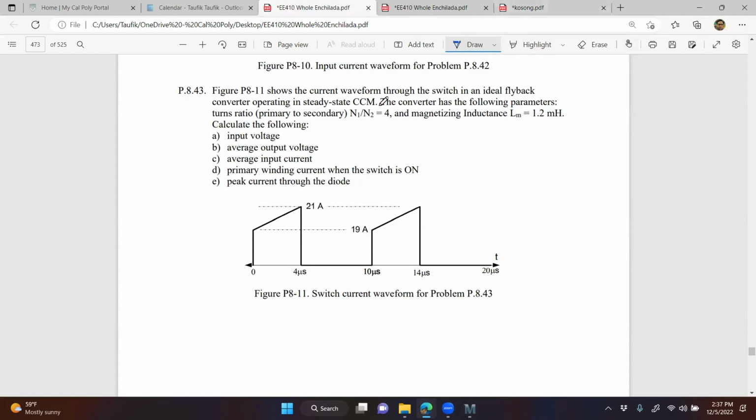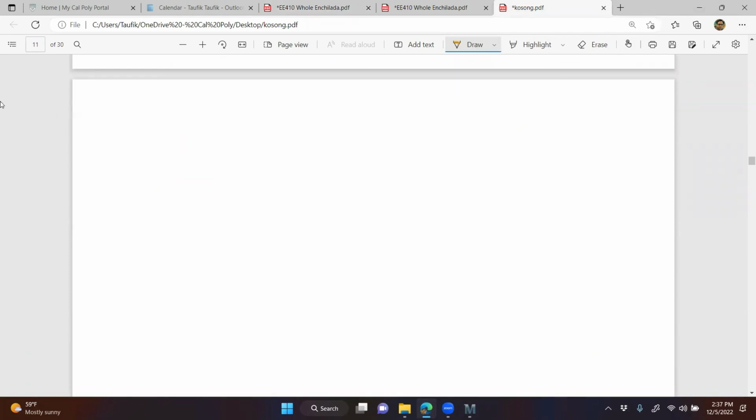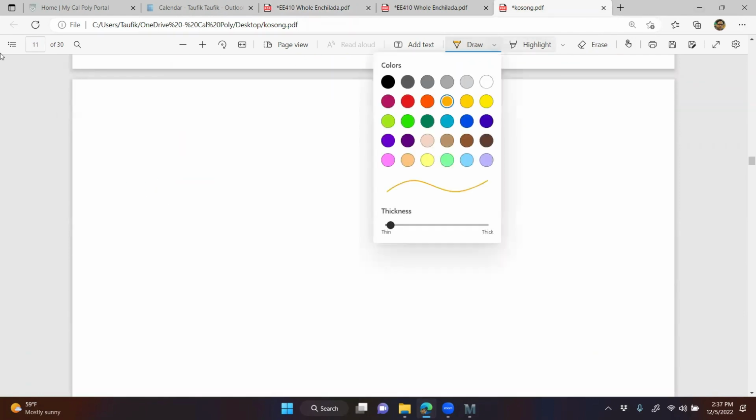8.43. It's a flyback, CCM. The converter has the following parameters: N1 over N2, magnetizing inductance 1.2 millihenries, calculate input voltage. Okay, so I'll draw the flyback first. It always helps me by drawing it first. So let's see. And then we put in all that we know.